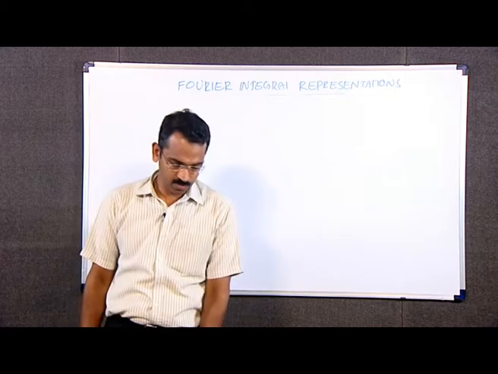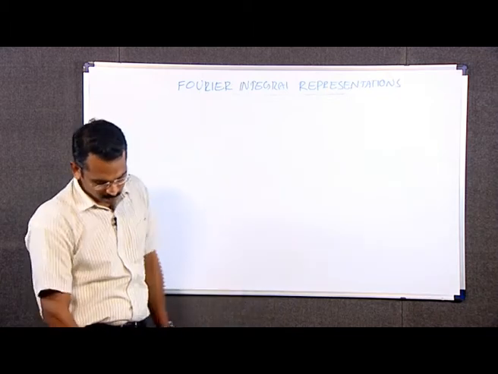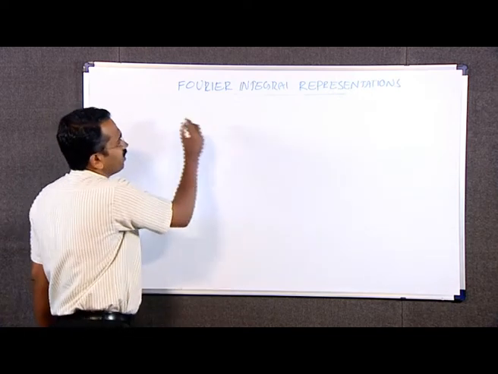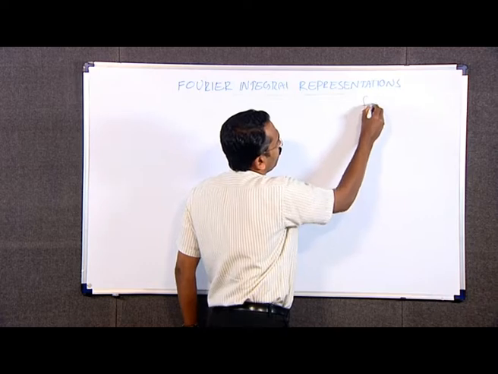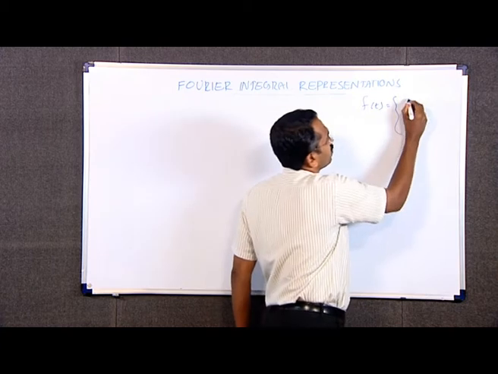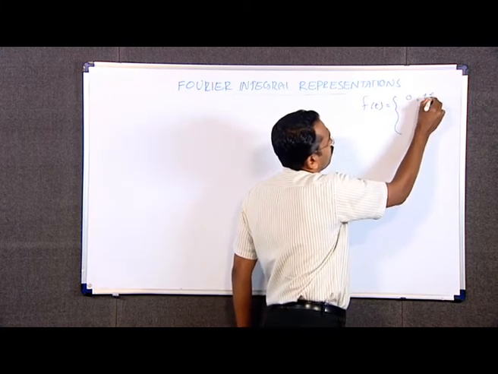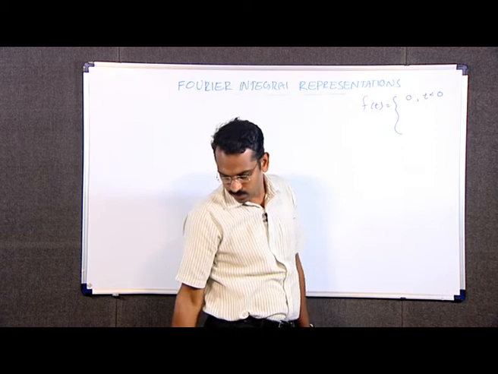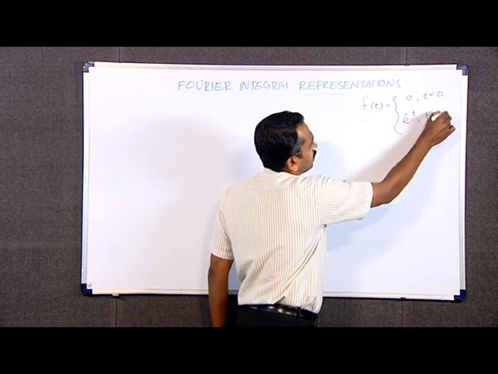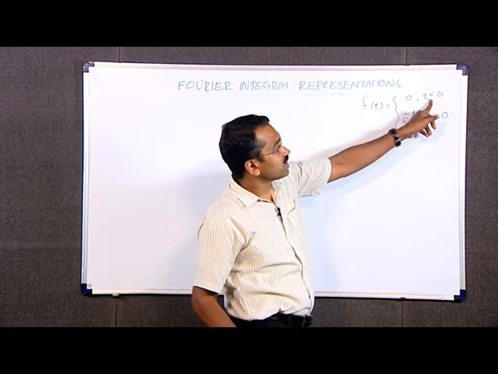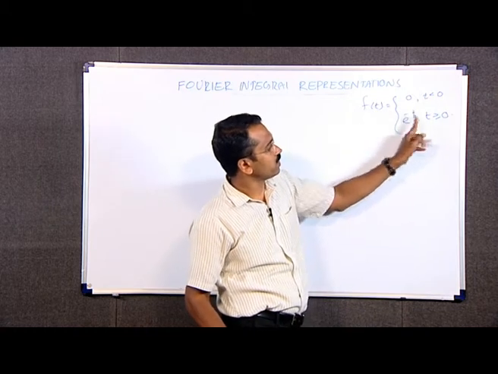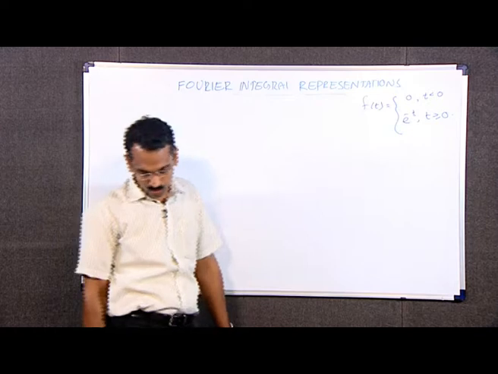First one is, find the Fourier integral representation of the function f of t equal to 0 for t less than 0, and e raised to minus t for t greater than or equal to 0.